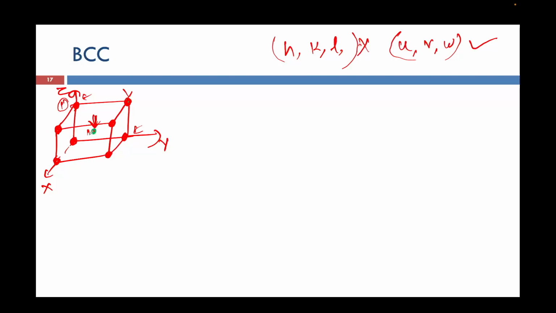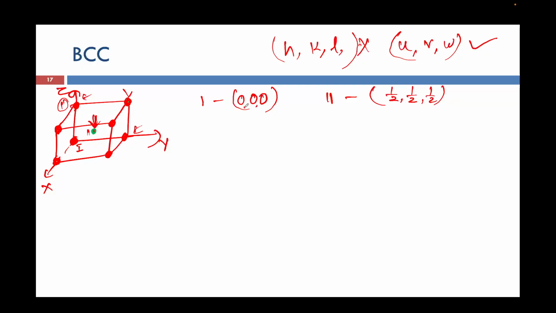What will be the UVW position? Let's say I am considering 0, 0, 0 for the first atom, since it's at the origin, and over a certain periodic repetition I will be able to get all these atoms. The second atom, what will be its position? It will be half, half and half, right?